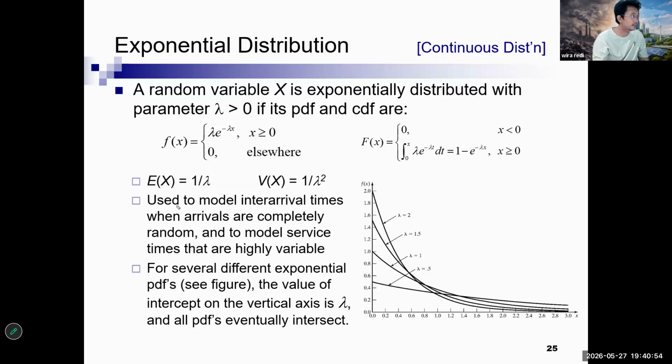The parameter is lambda. The effect of lambda is like this: the larger the lambda, the lower at the beginning, but higher at the end.